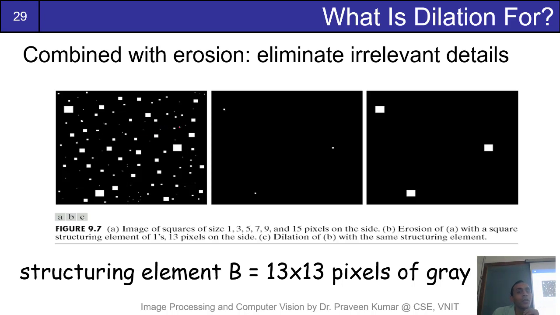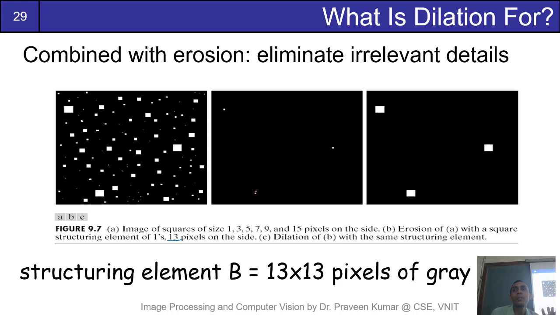You first erode, then dilate. So let us say you are only concerned with squares of size 15 by 15, then take an erosion filter of just smaller size than this. If you take an erosion filter of size 13 by 13, then all the other locations will get fully eroded. Only some of the pixels of these locations will remain.